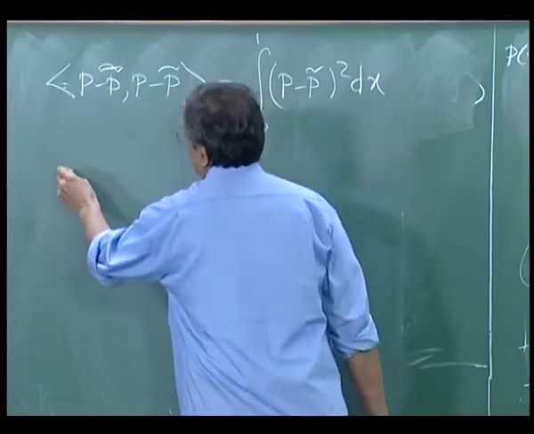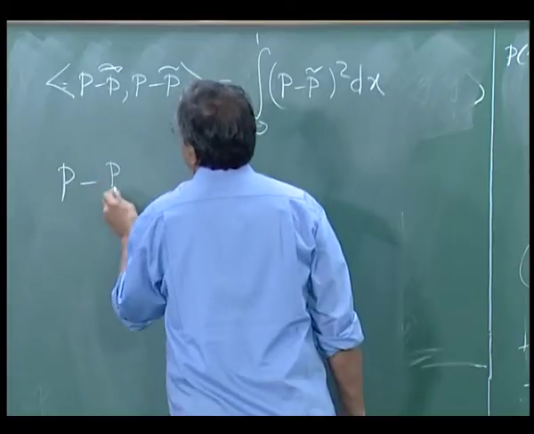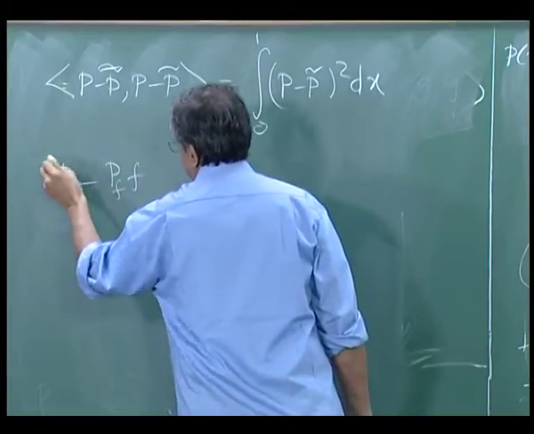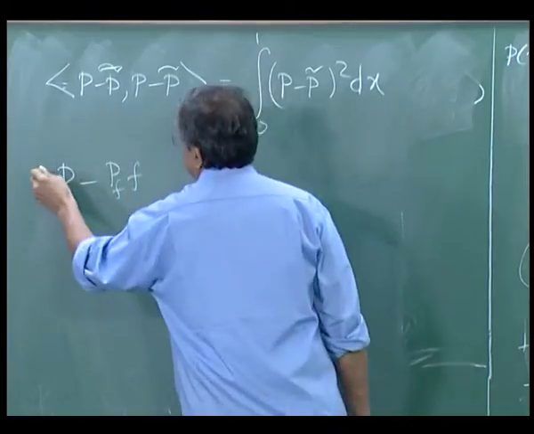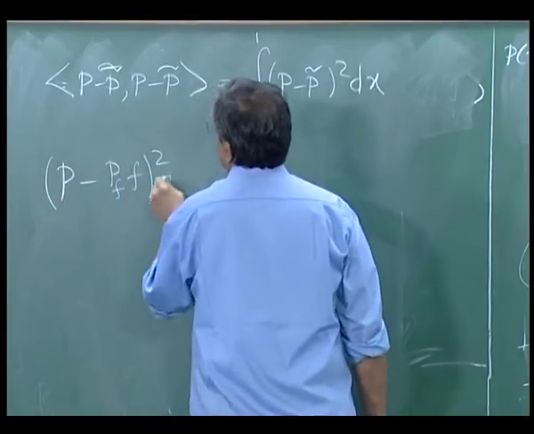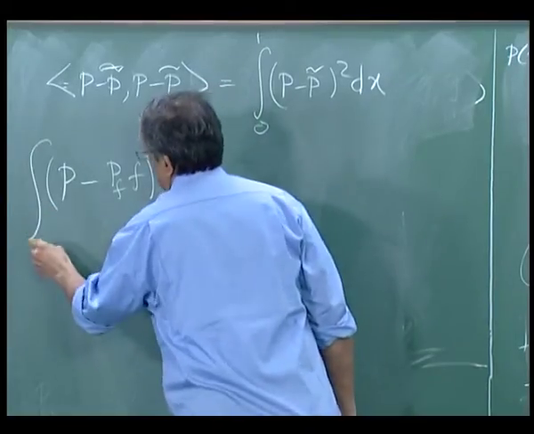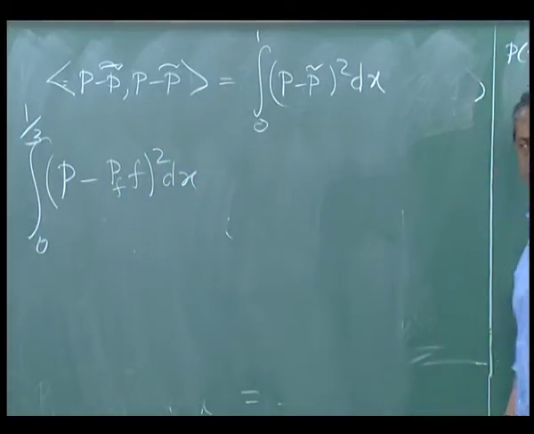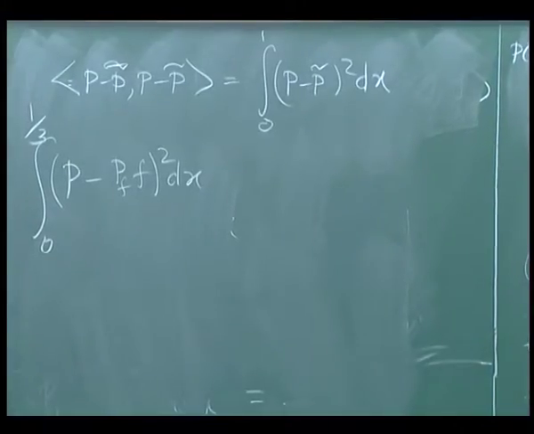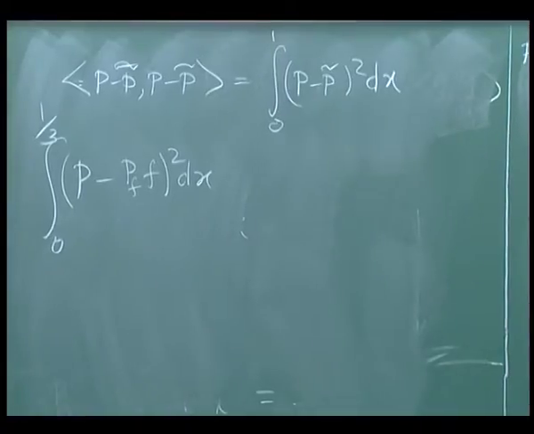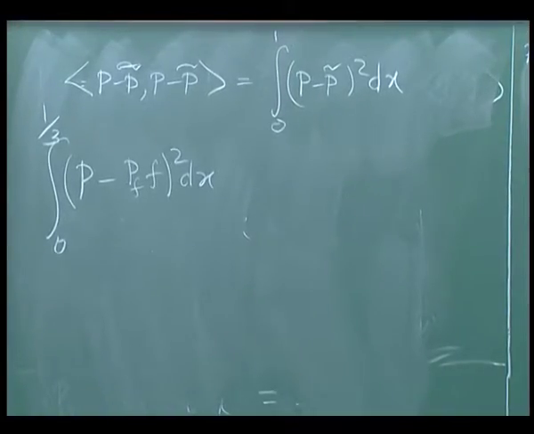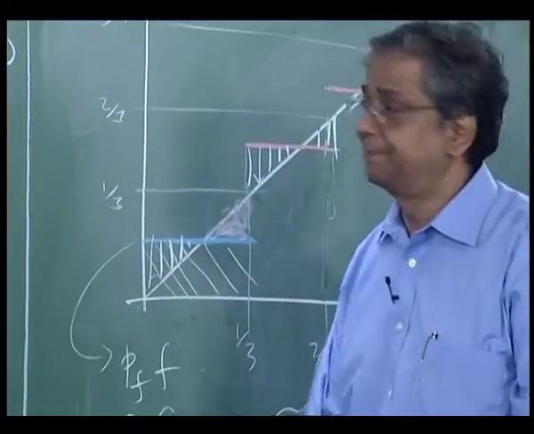So I am going to find the integral from 0 to 1/3 of (P minus Pf) squared dx. Is that fine, everyone? These three differences between the representation and the function in this particular problem happen to be the same. I am just making use of that fact, that is all.